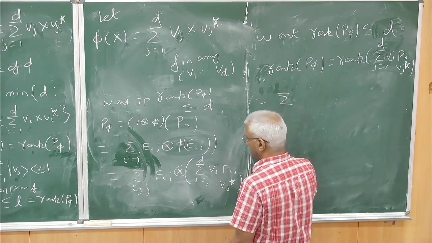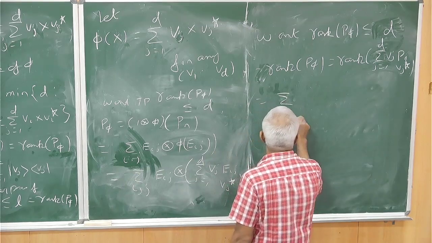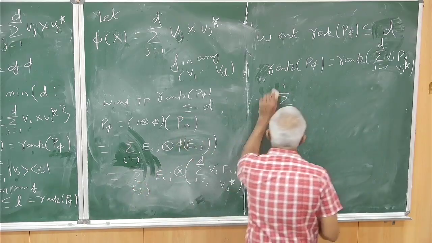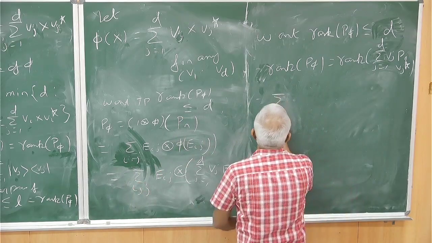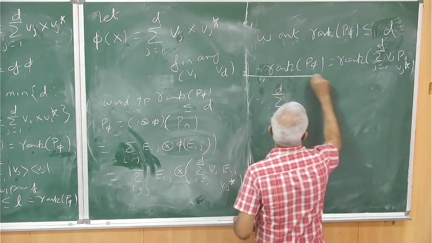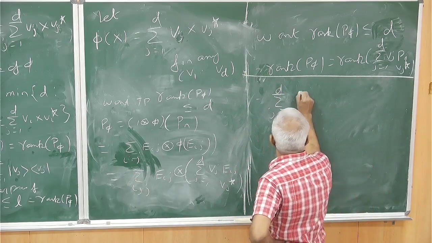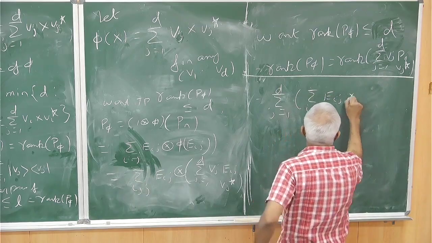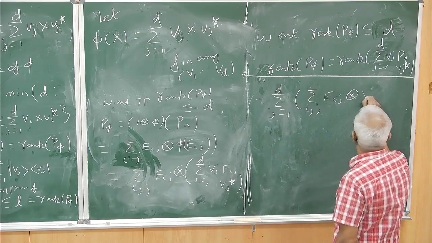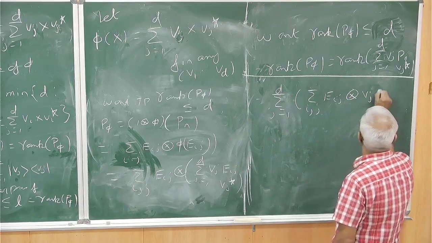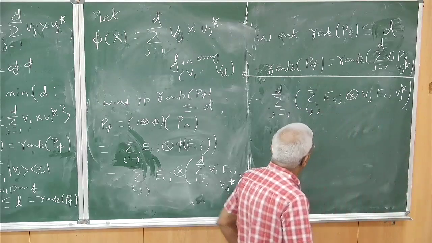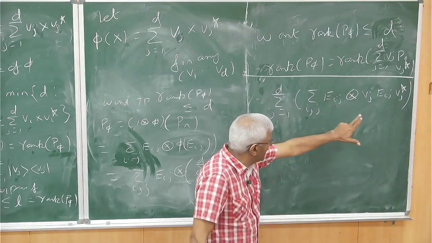I take the sum over j out: summation j equal to 1 to d, summation ij of Eij tensor Vj Eij Vj star. It is just that matrix with entries Eij.